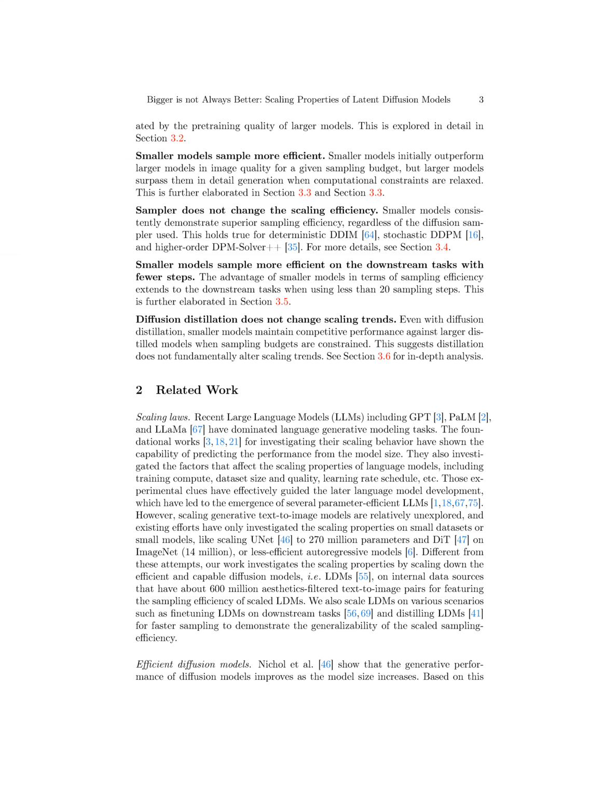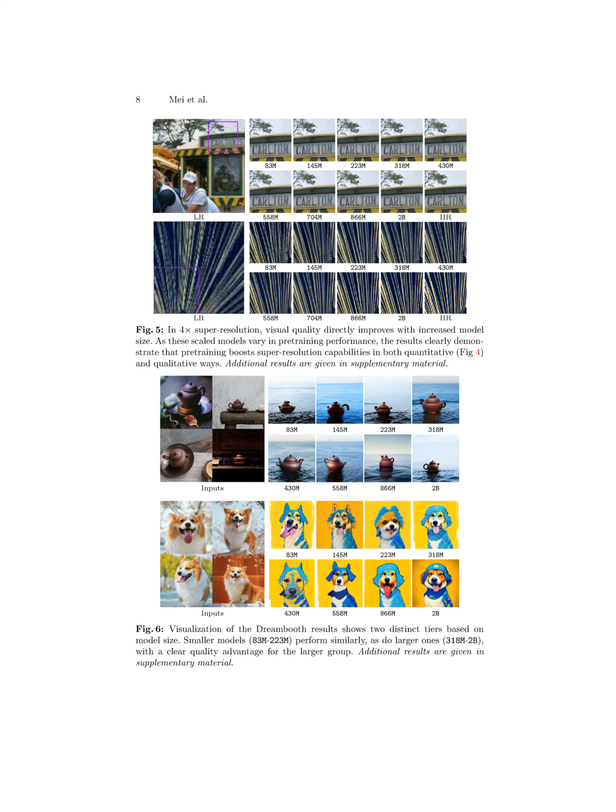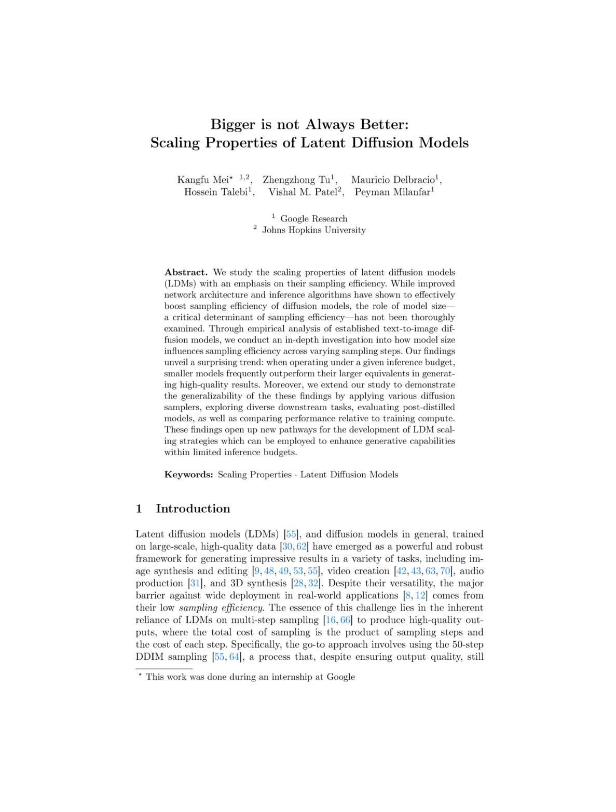Smaller models consistently demonstrate superior sampling efficiency compared to larger models, regardless of the diffusion sampler used, including deterministic DDIM, stochastic DDPM, and higher-order DPM solver++. 2. Smaller models tend to outperform larger models in terms of image quality for a given sampling budget, especially when using fewer sampling steps.